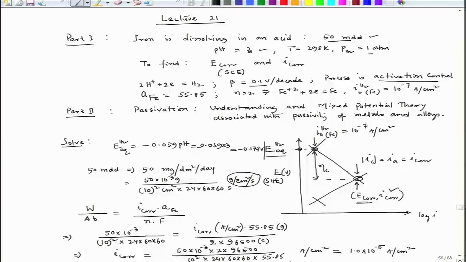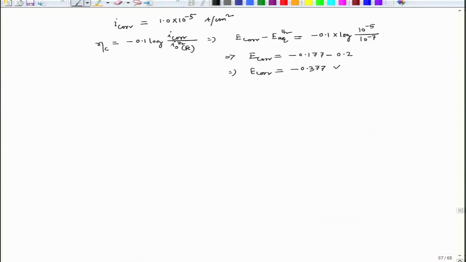Remember, when we calculate this E equilibrium for hydrogen, that is based on pH, and this equation is with reference to the hydrogen electrode. That is what we initially took, everything on the potential axis with reference to the standard hydrogen electrode, whose potential at room temperature is 0.